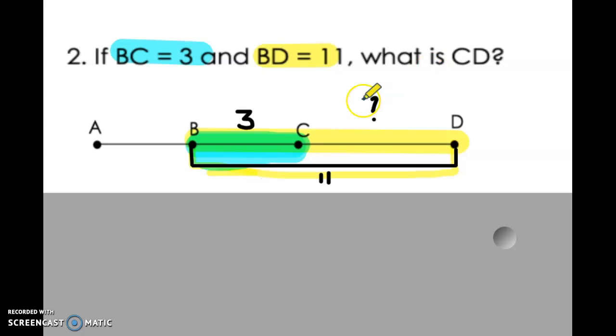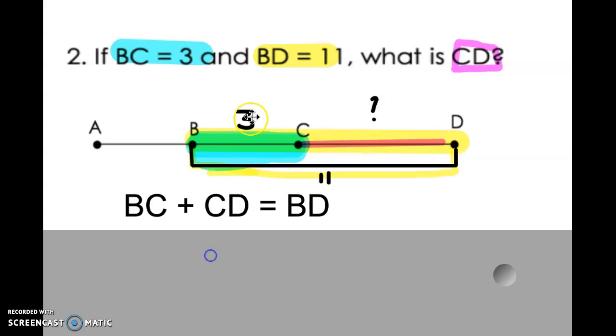So now we need to figure out the length of CD. We do not know what CD is. If we try to use the segment addition postulate, this time we know that the green piece plus the purple piece equals the whole yellow piece.